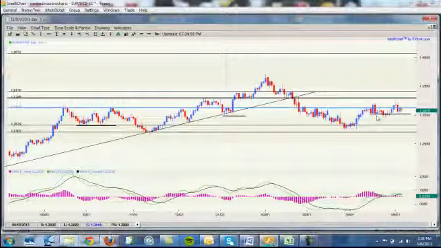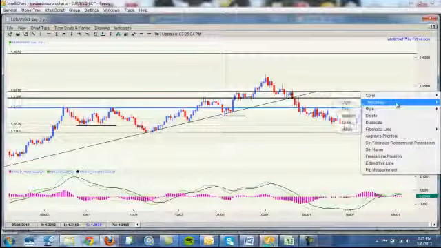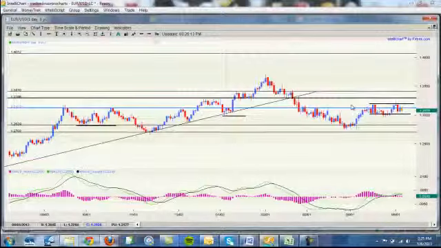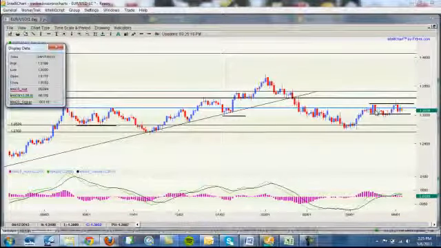In fact, it could be in a range. If you see the nice base here, it's not perfect, but you can see that it's been ranging right in between these levels here. And this level here goes right up to about the 1.3200 mark.